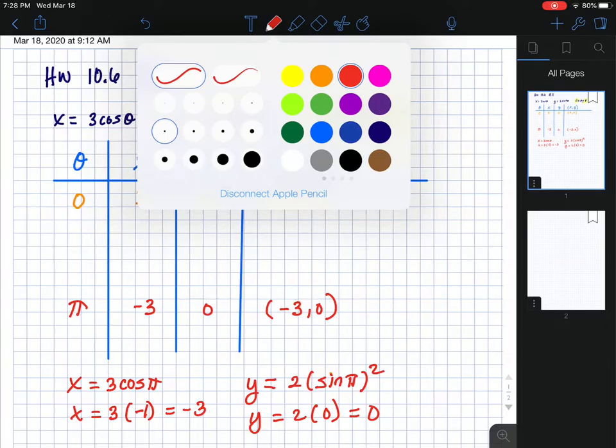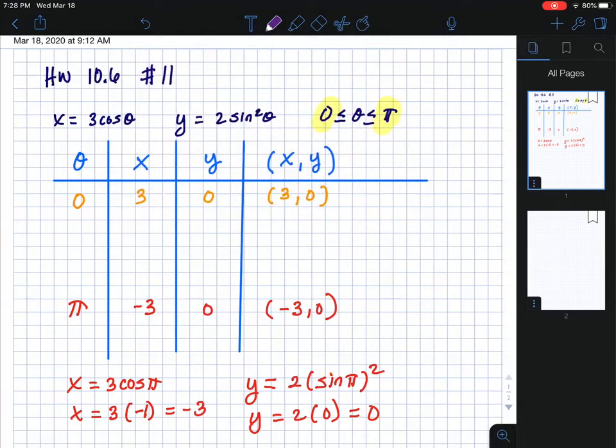All right, and let's do this center one. Halfway between 0 and pi is pi over 2.